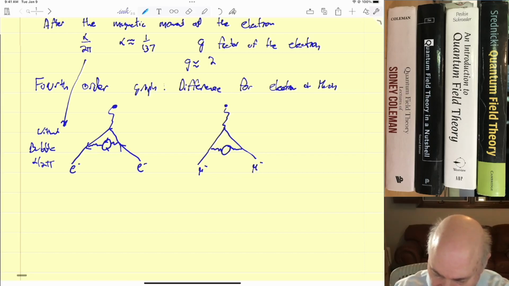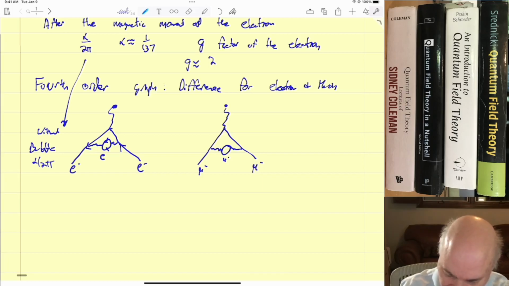Well, if this is an electron in the loop, and this is a muon in the loop, it's clear we're going to get the same thing. But there's also the possibility that you have a muon in that loop. You have an electron here in the loop.